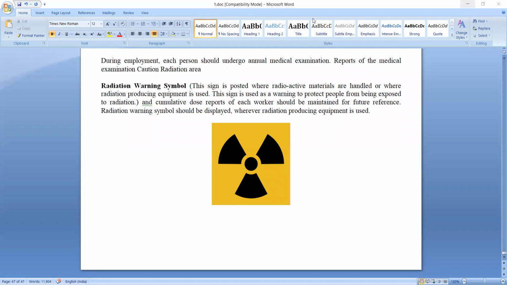Okay, I will unmute you. I am allowing you to unmute. If you have any doubts, please ask me. This is about the first unit. What is radiography? What are the different sources of radiography?